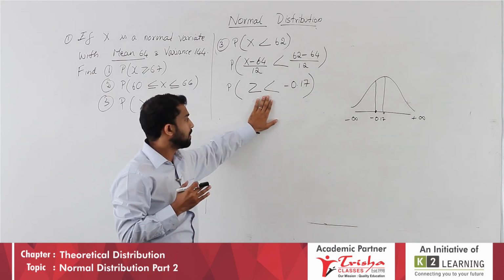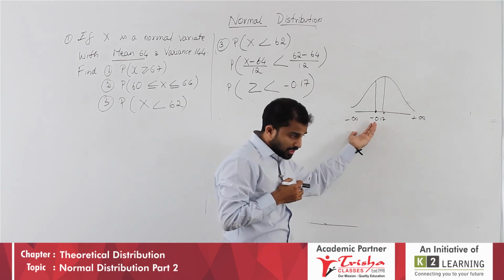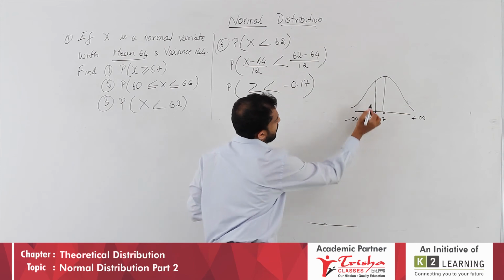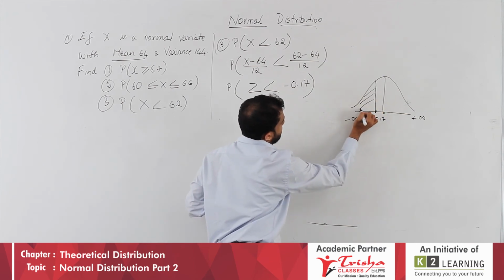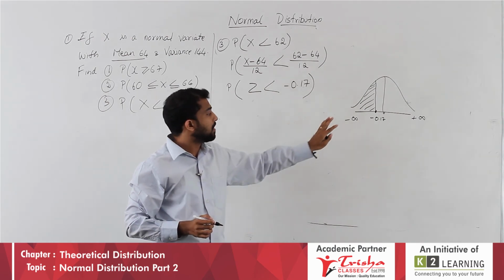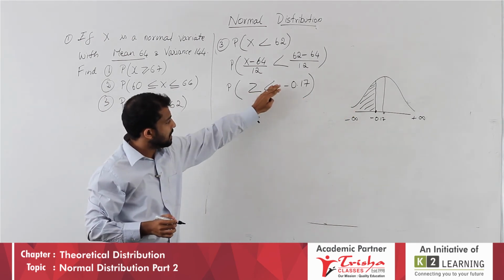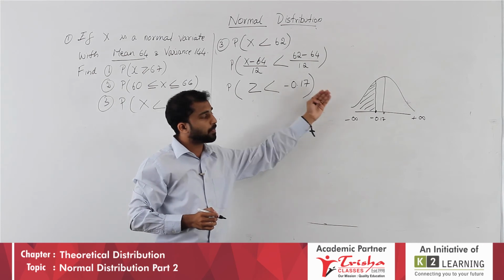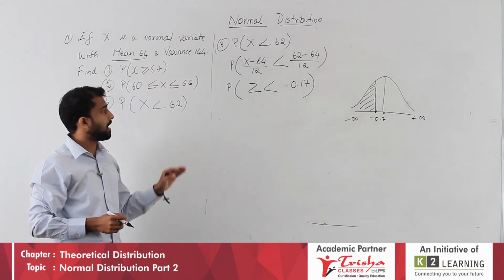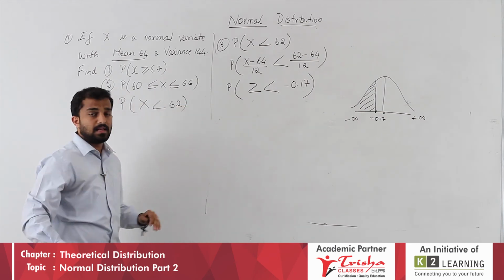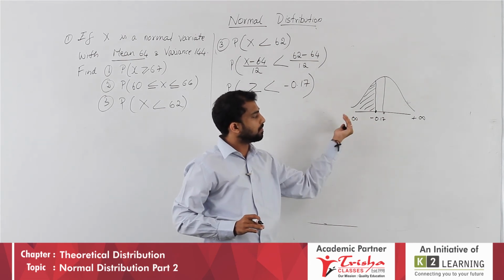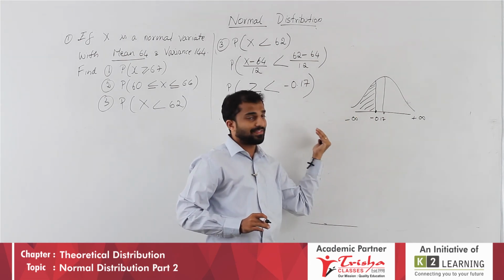Less than, in the sense of still lesser values, you have to come down. That means they are asking us to find out this particular area, Z less than minus 0.17. Till now in both the questions it was greater than, and this was in between, whereas this is less than now. So be very careful. Less than shading always comes to the left-hand side.